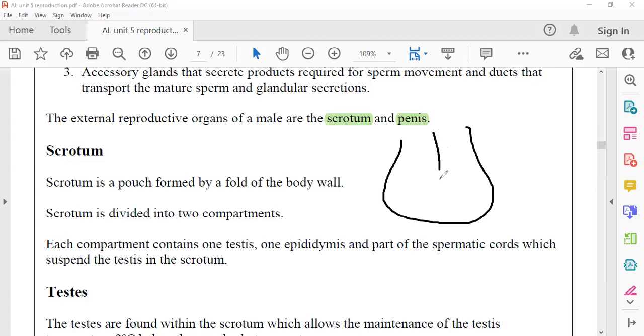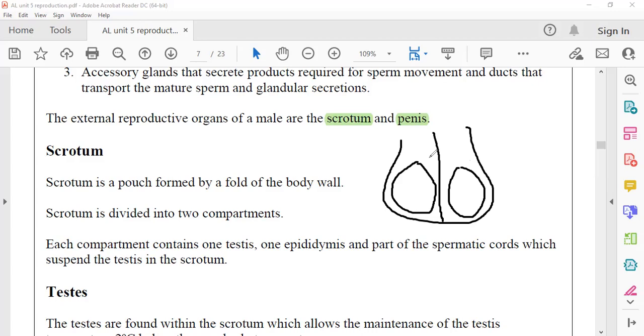It is divided into two compartments. In each compartment, one testis is located. One testis in one compartment, the other testis in the other compartment.